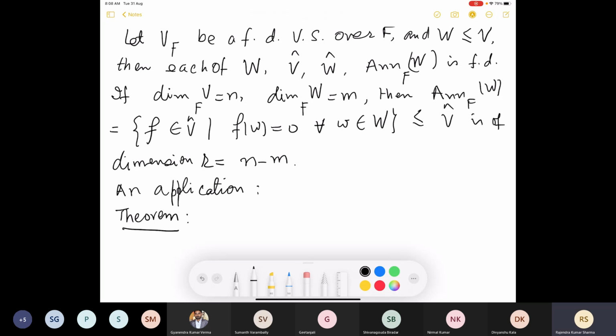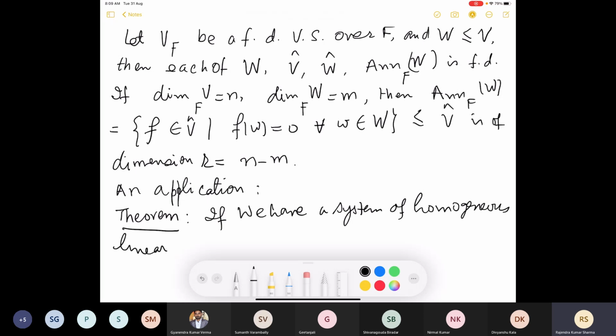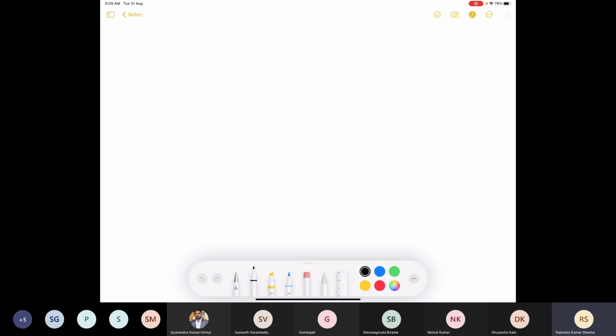So suppose we have a system of homogeneous linear equations over F, namely, let me write the system of equations.